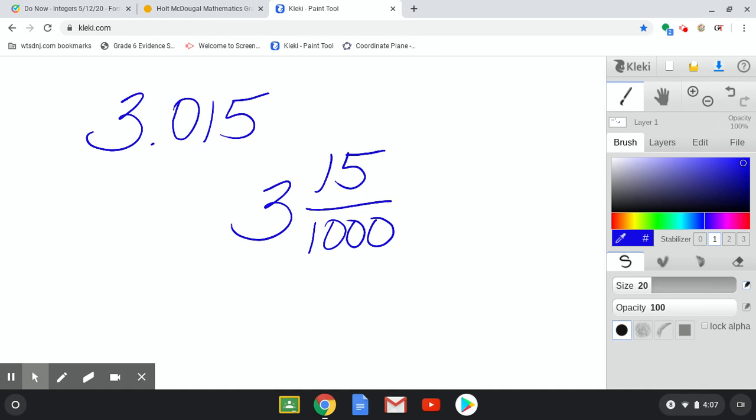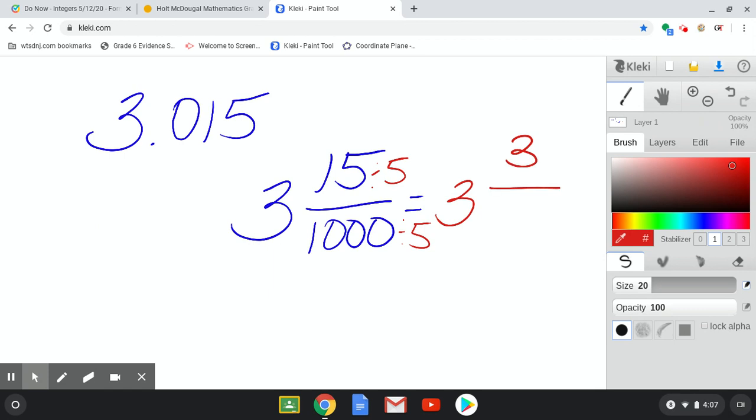Okay, now I can simplify this. Don't forget, carry over your whole number because that's what I said earlier most students forget about. So I'm going to carry over my 3. Now, my numerator and denominator end in a 5 and a 0. So I can divide both by 5. They're both divisible by 5. 15 divided by 5 will give me 3.